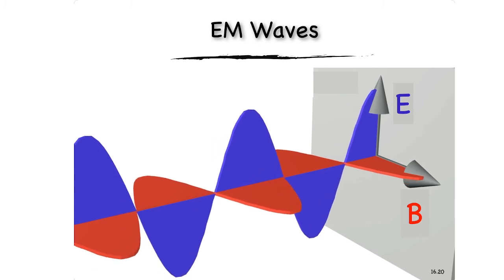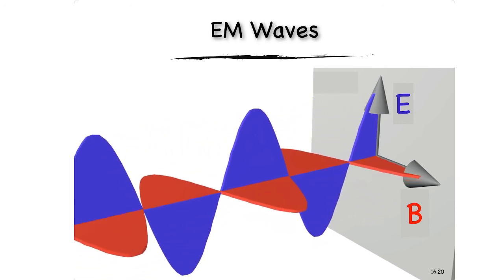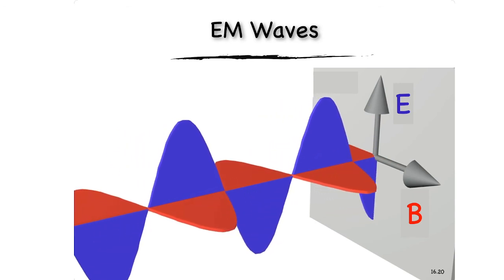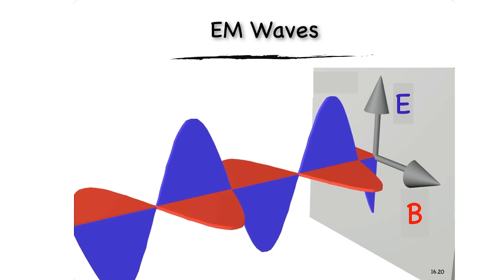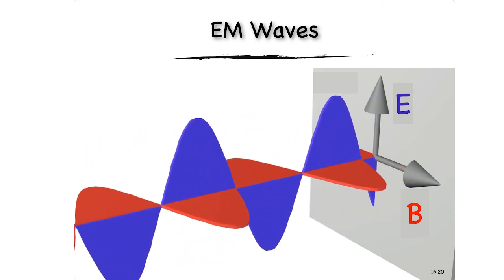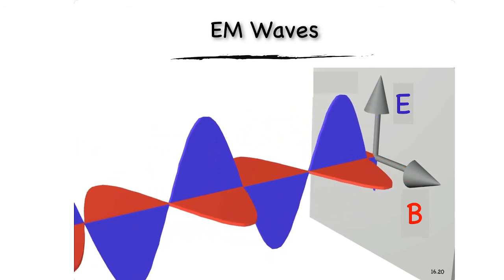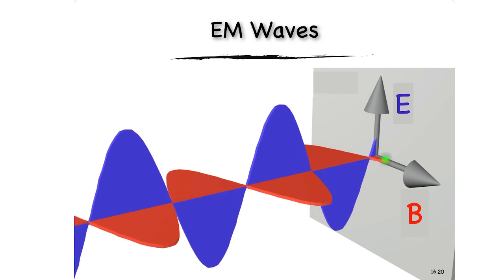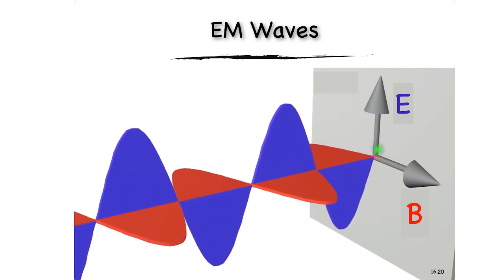So if we try to visualize this, here's an electromagnetic wave. Our electric field's pointing up at some point in time. Our magnetic field is pointing to the right, so the right-hand rule, E cross B, tells us the direction of propagation. We can identify a number of parameters. The period is the time it takes for the wave to go through one full cycle.